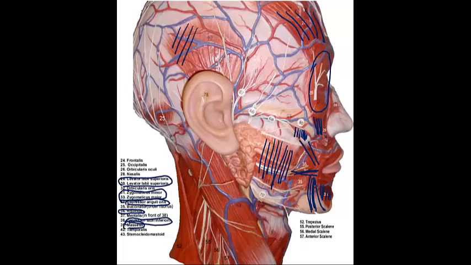Temporalis number 42, part of muscle of mastication. All right, and then the 35 is your buccinator. It says there, buccinator under the risorius muscle. That's going to be the buccinator underneath the risorius muscle.